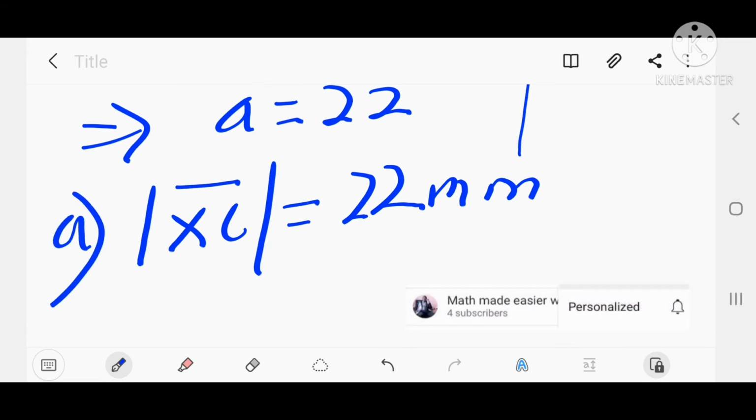That is the answer for a. So b now will be to find the tangent of the angle x, or the angle ABC.